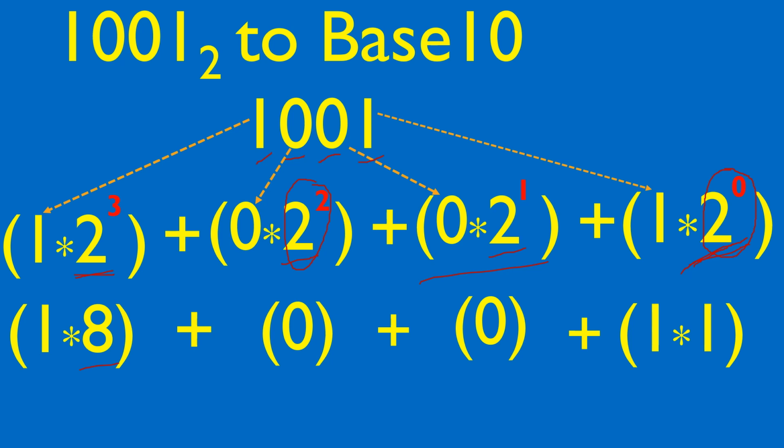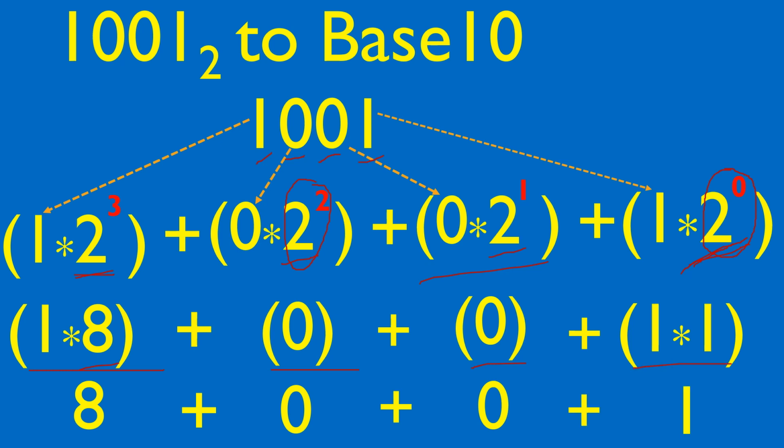1. So if we simplify further, we say 1 times 8, which is equal to 8, and then we add the 0 here, and then we add the other 0 plus 0, and then we have 1 times 1, which is equal to 1. So what we simply have is 8 plus 0 plus 0 plus 1, and that gives us 9.